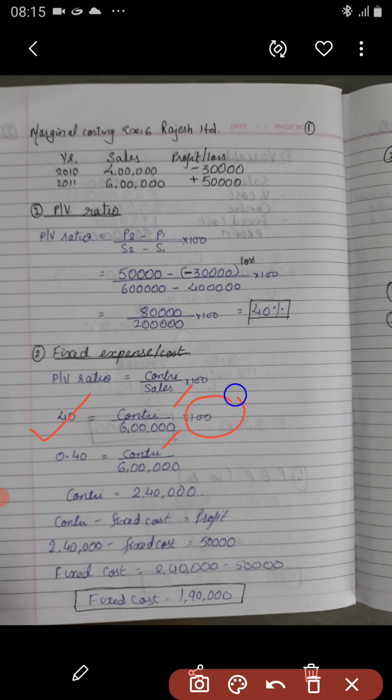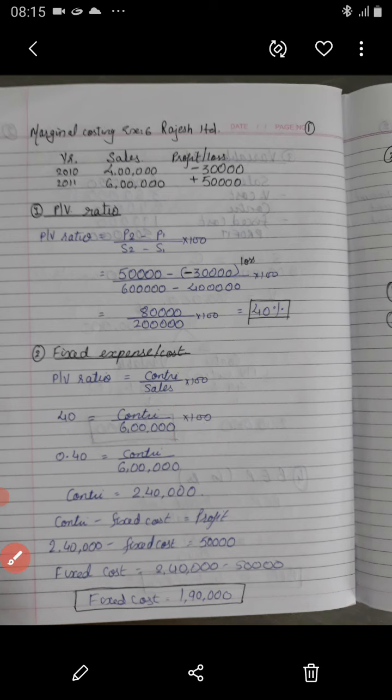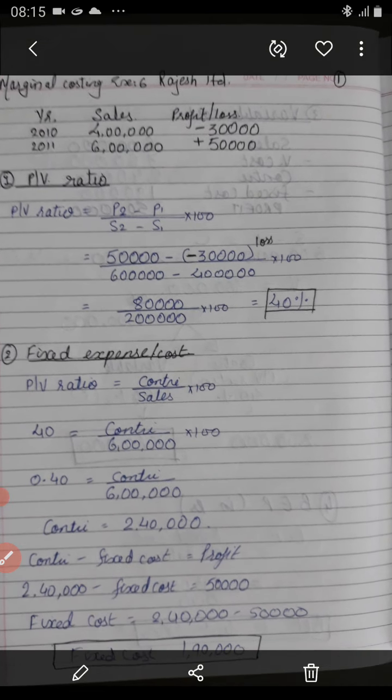This 100 goes to the opposite side, so that will become 0.40, equals contribution divided by 6 lakhs. So the contribution is 2,40,000. So the difference between contribution 2,40,000 and profit 50,000, which is given in the example, will be the fixed cost. So fixed cost will be 1,90,000. You can see on the screen very well.